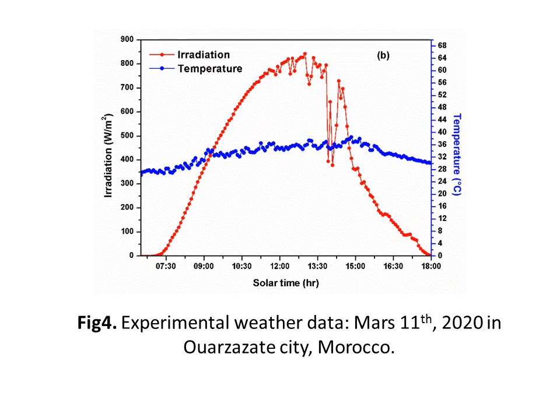Figure 4 also presents the irradiation and the ambient temperature as a function of solar time on another day, March 11th, 2020. The maximum temperature value reached is 38 degrees C and the maximum irradiation is 853 watts per square meter.